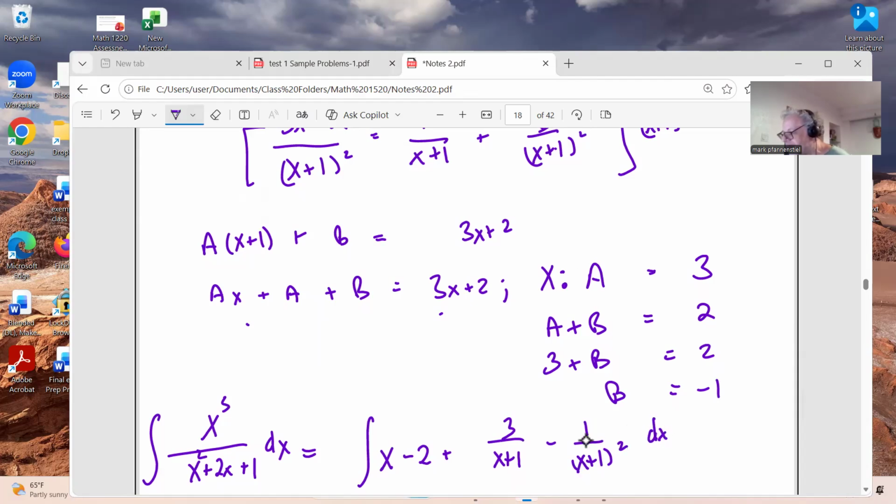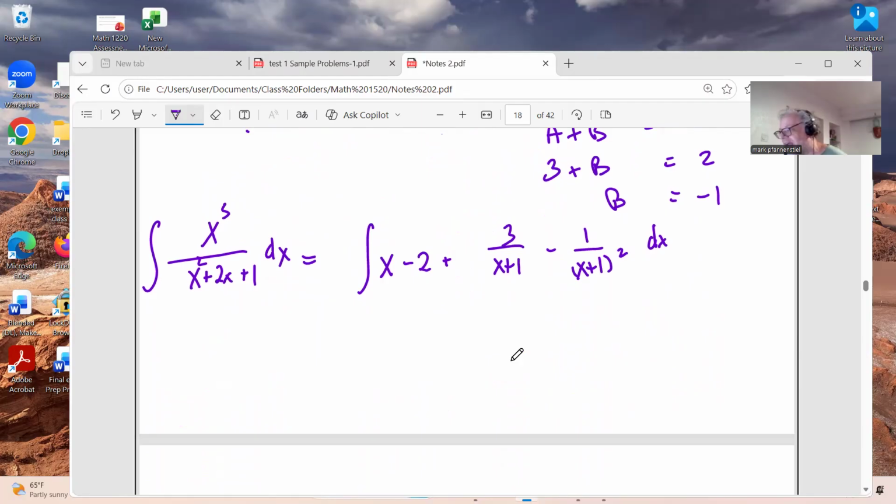Now, we could find a u-du combination for this one, but since u is going to be x + 1, du is just going to be dx. So we have 3 over u minus, I think you can do this one in your head. Okay, I'm going to try it. So my integration here, we have 1/2 x^2 - 2x, just integrating this little piece here, plus 3 times the natural log of |x + 1|.